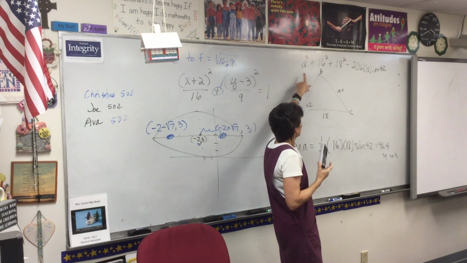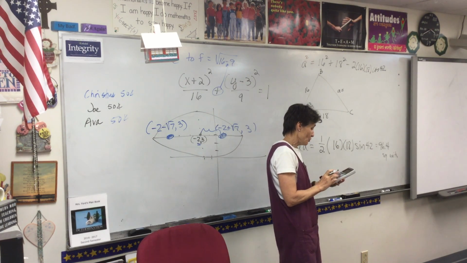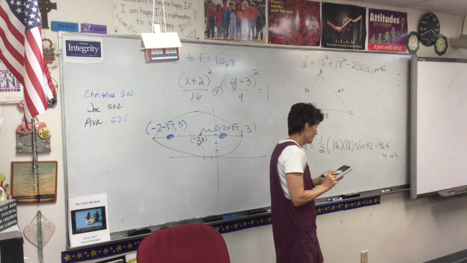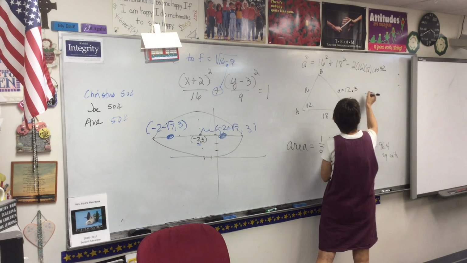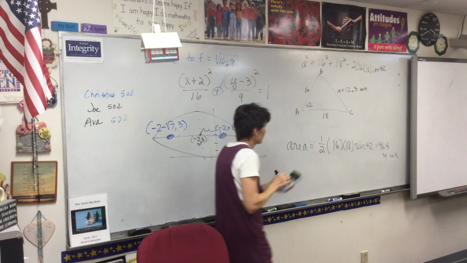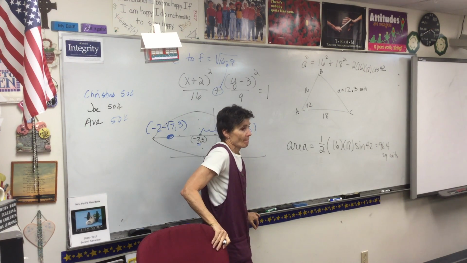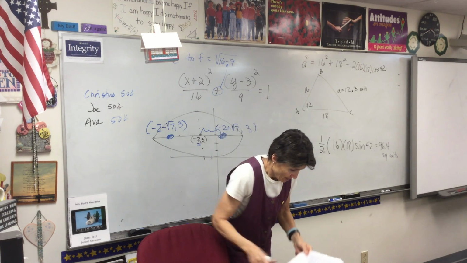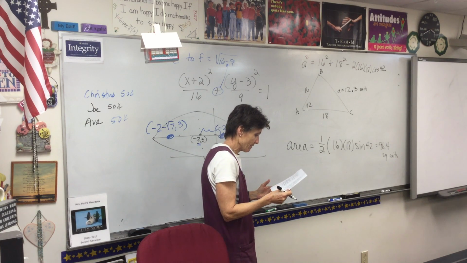I gotta square root it because the law of cosines gives you a squared. You need a, so the answer is 12.3 inches, feet, whatever it happens to be. Okay? All right, so that was question 57.